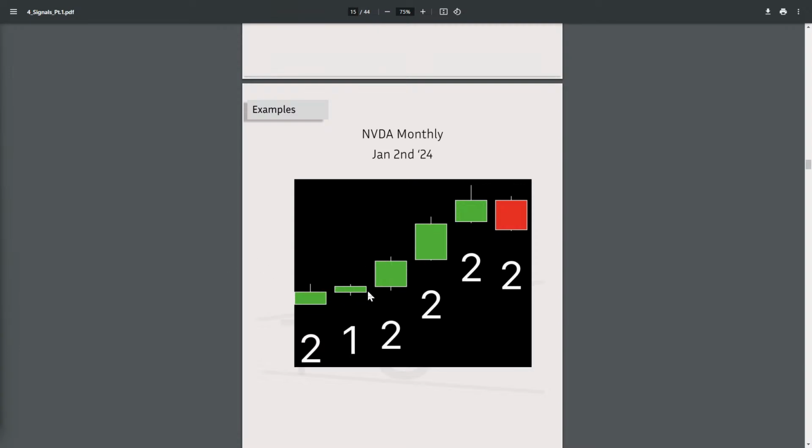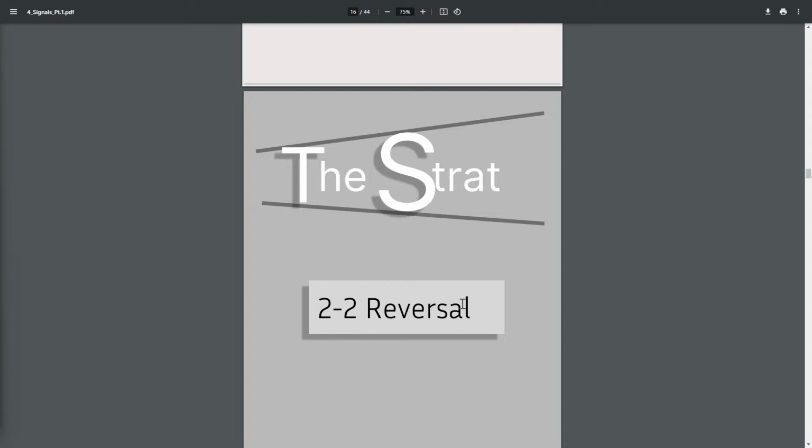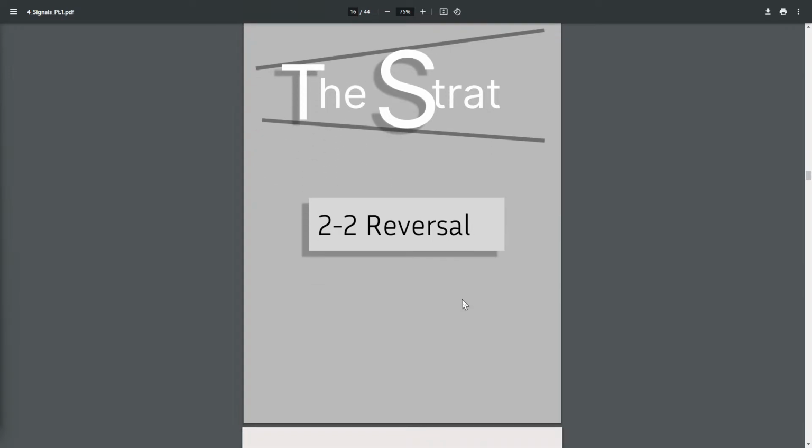Anyway, 2-1-2 continuation. Up again at all-time highs because we were just at all-time highs. So again, we don't always have a target if you're trading up at all-time highs. And me personally, I don't like to trade up at all-time highs. I'd rather find something with a target, but that's just me.